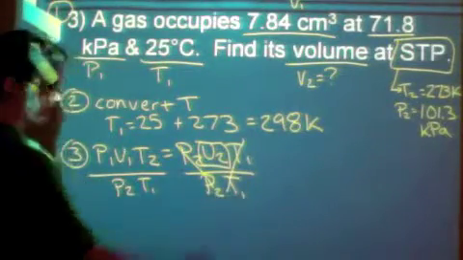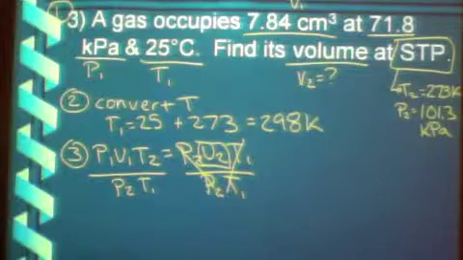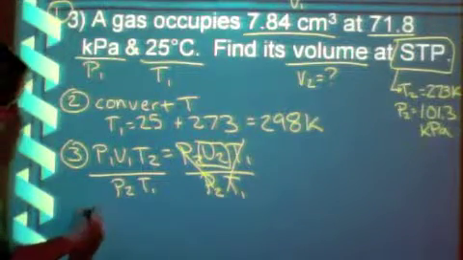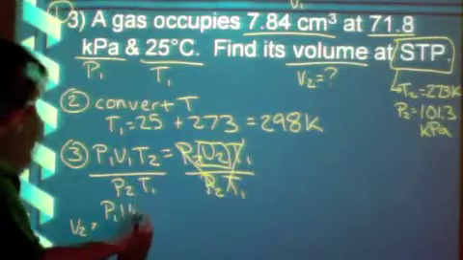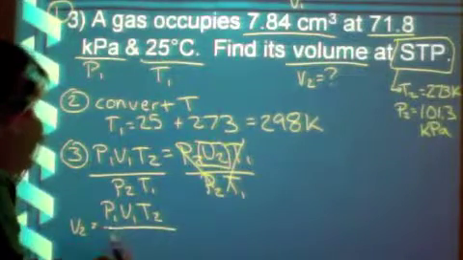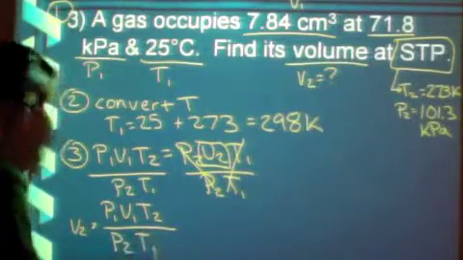So they go away. So that means we get V2 equals P1 V1 T2 divided by P2 T1.